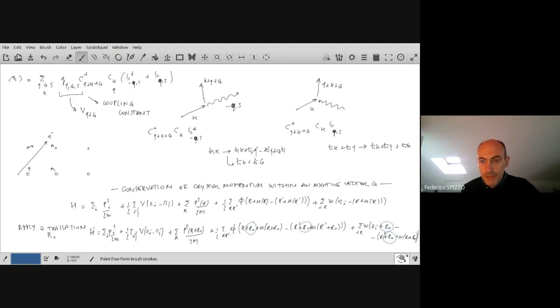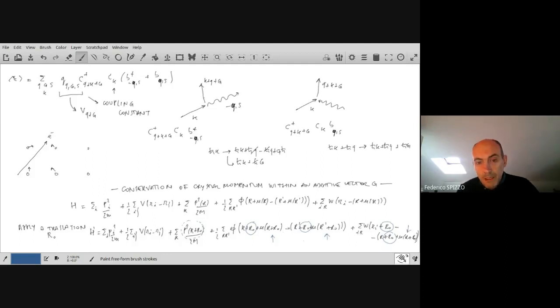So the only terms that include the fact that we have a translation of R0 are the kinetic term and the displacements. So this one here, and this one here.